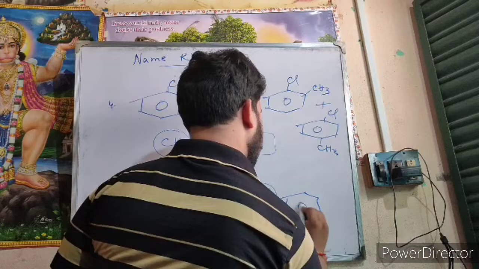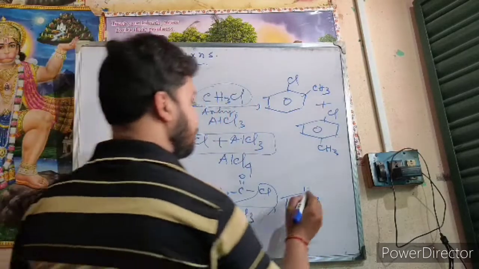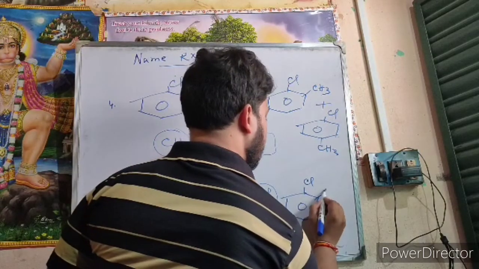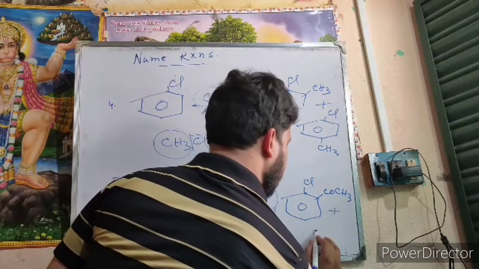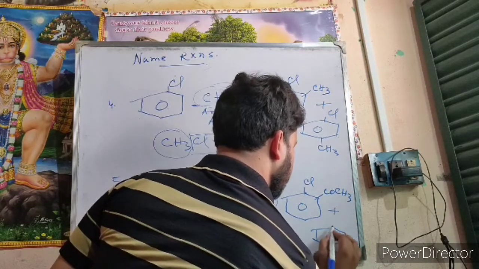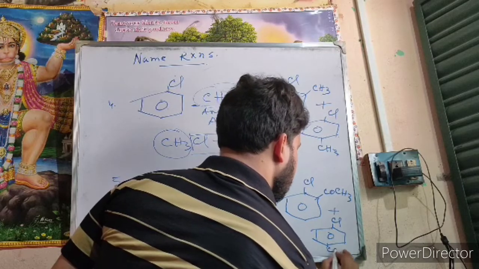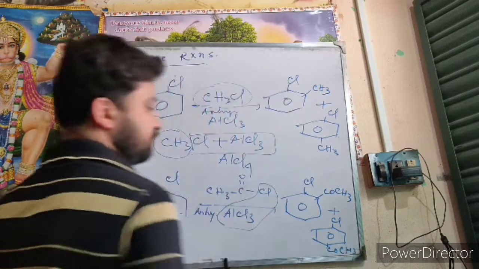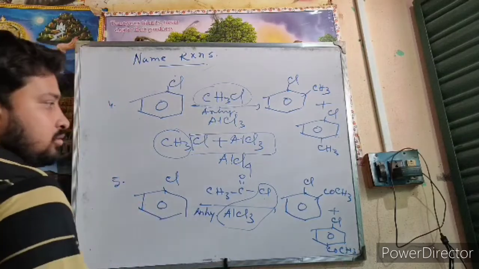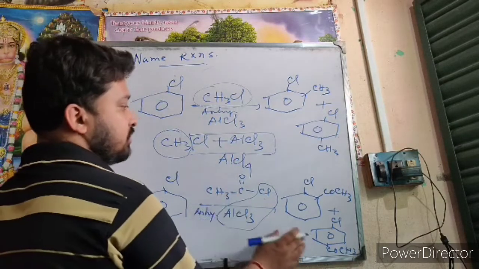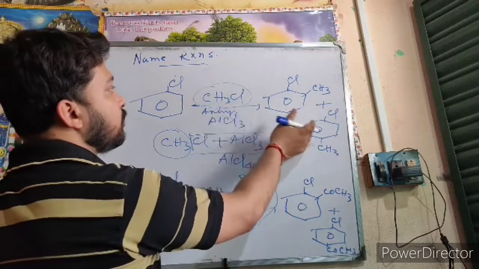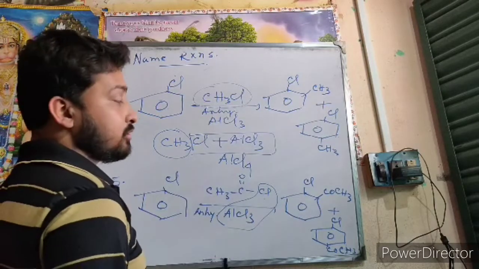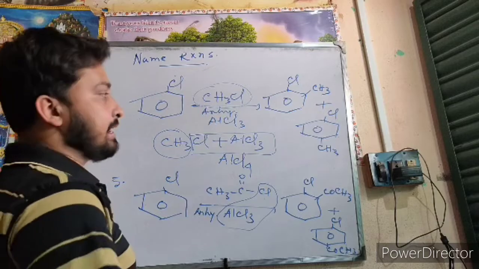So the product is Cl with COCH3. On the other hand, take this also, Cl with COCH3 on the para position. This is an acyl group, so the reaction is Friedel-Crafts acylation. This is an alkyl group, so the reaction is Friedel-Crafts alkylation.